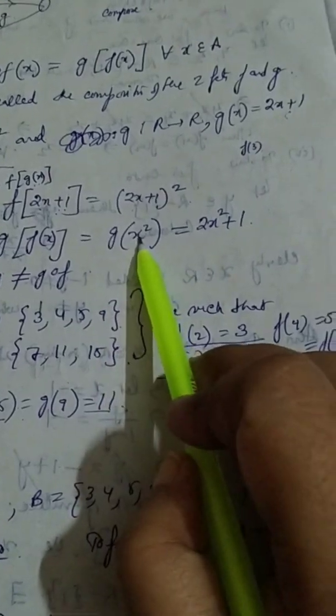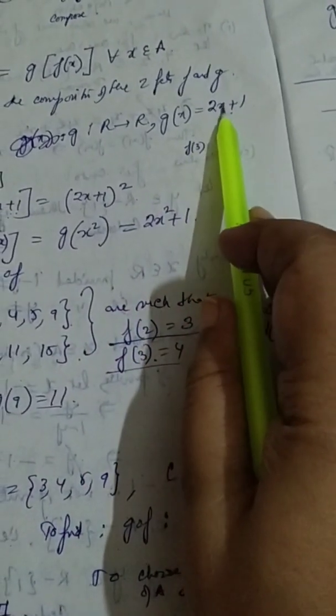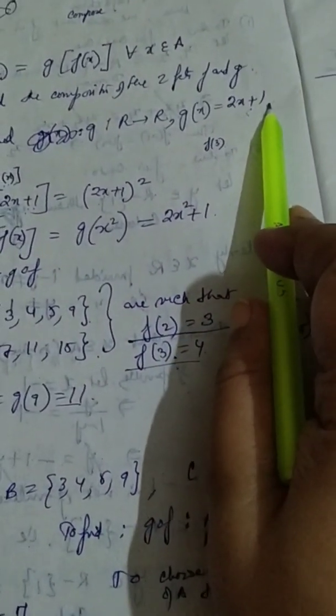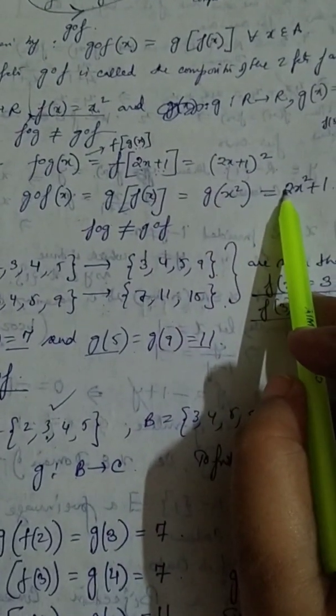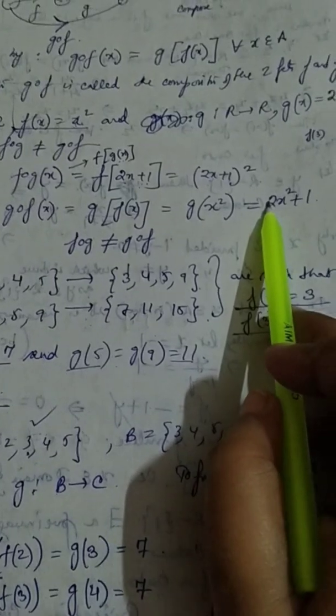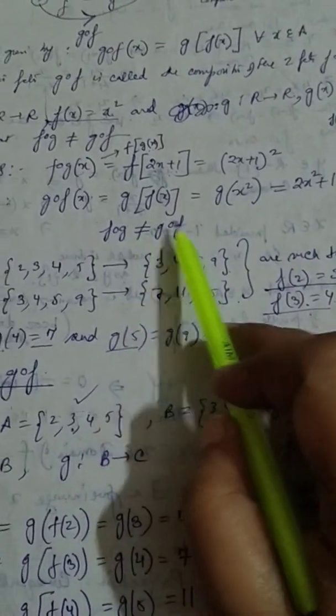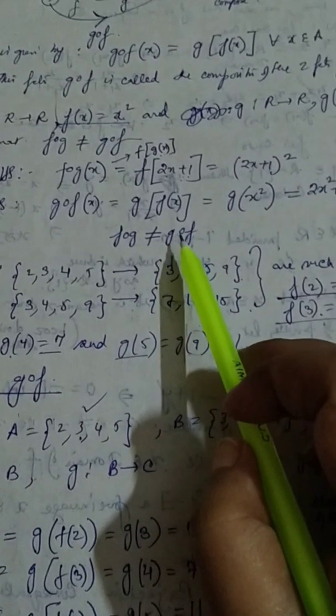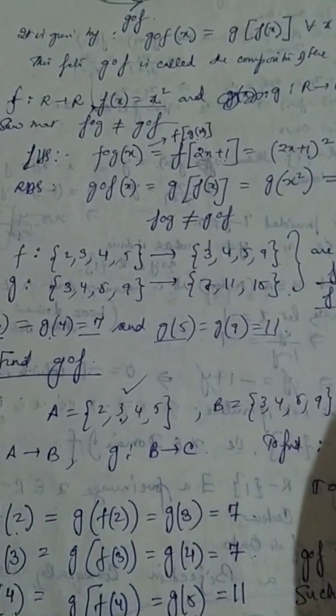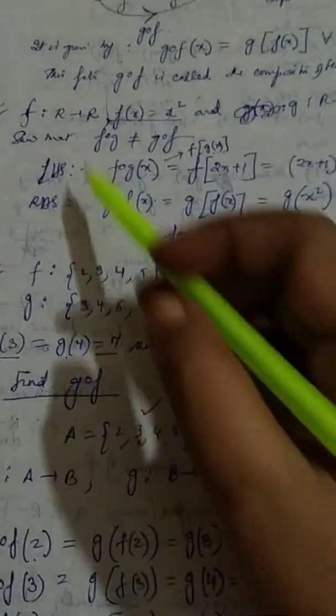So this becomes 2 of x square plus 1. So what can we observe? This is F compose G and this is G compose F. Are they same? No, they are not the same. Hence conclusion, F compose G is not equal to G compose F. So that was something in general.